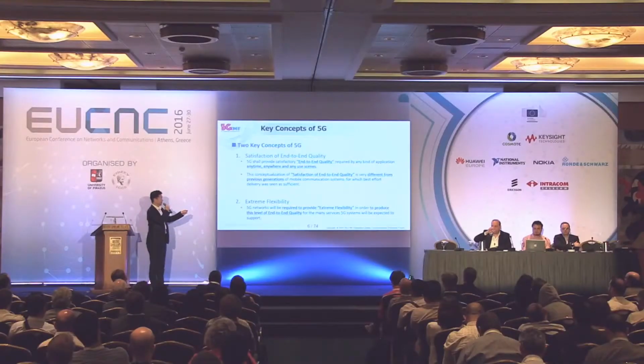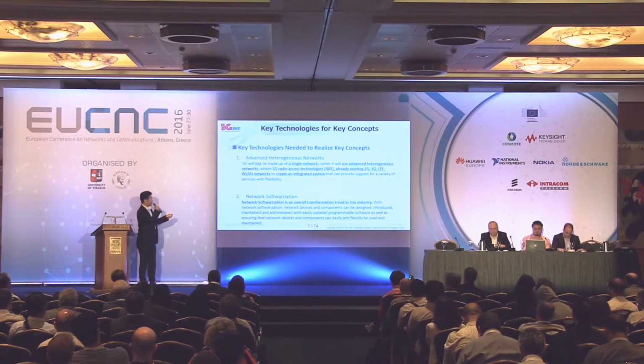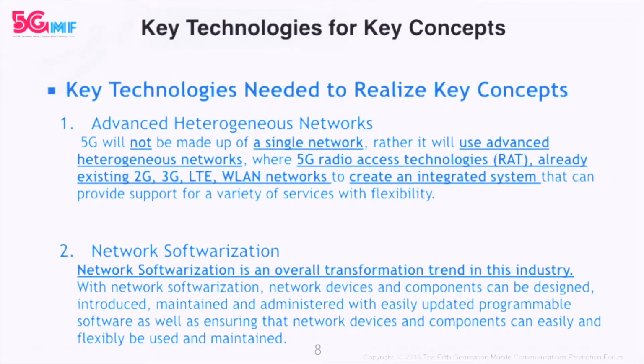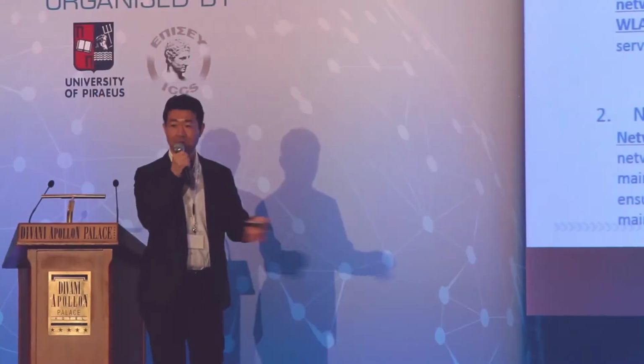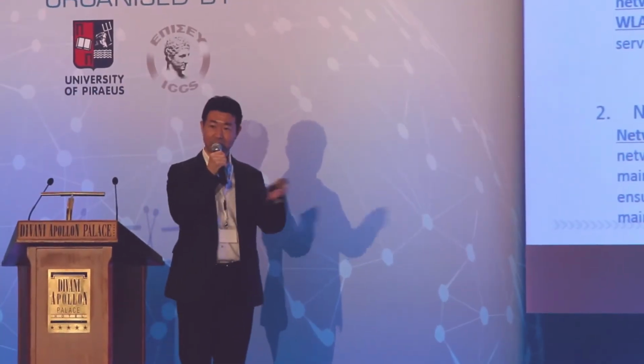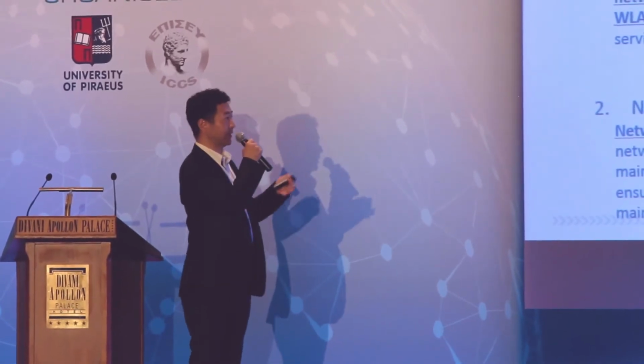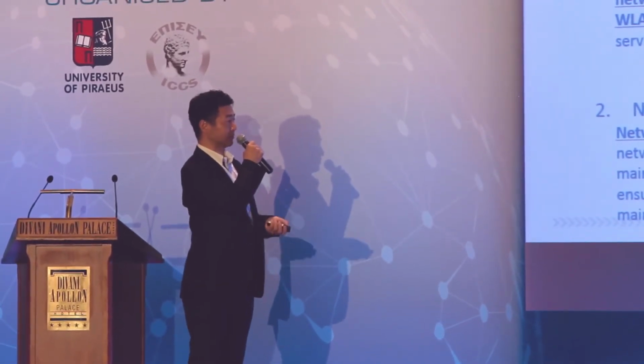So on the wireless part, we need to have heterogeneous networks. We need to combine various 5G radio access technologies and already existing 2G, 3G, LTE, and wireless LAN technologies. For example, in my example of sharing pictures, we should be able to combine all these technologies to give the users satisfaction.